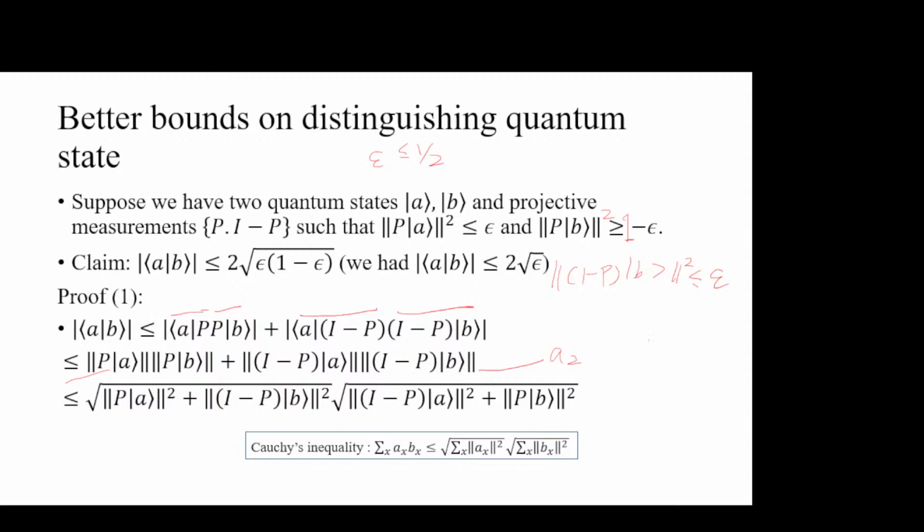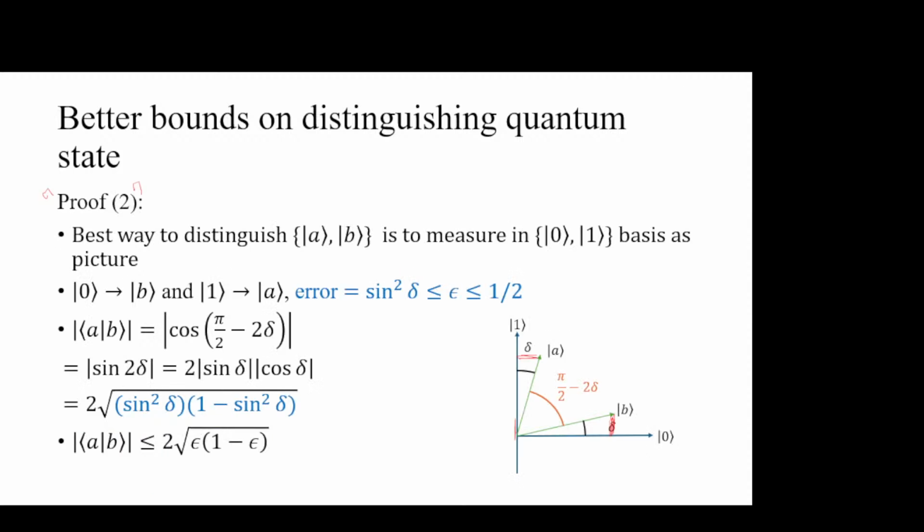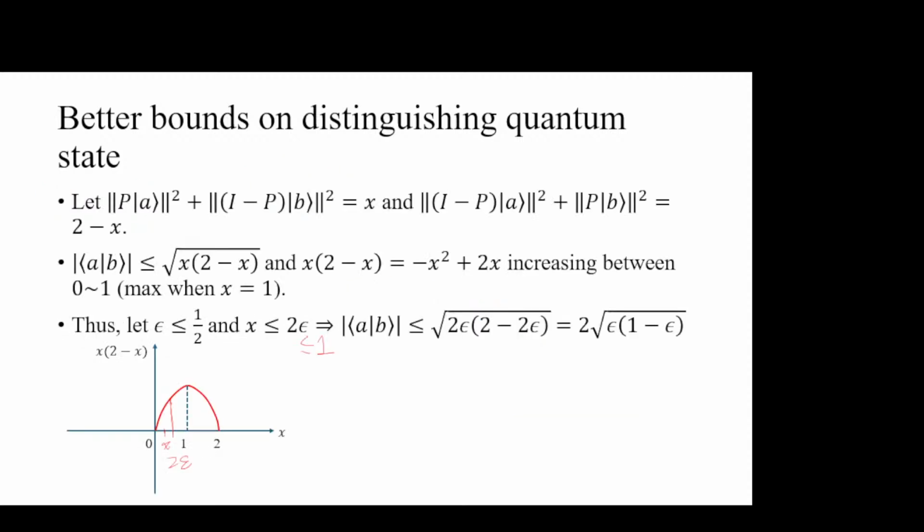So this is for any P. Then for proof two, we actually prove something weaker. Here we say if there exists a projector P, the basis P, that distinguishes A and B with error probability less than epsilon.